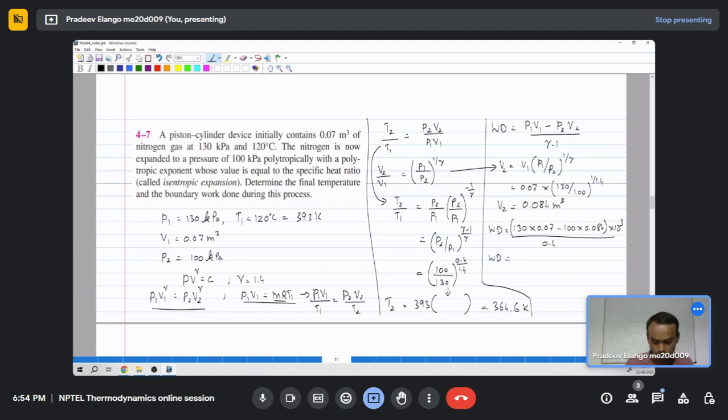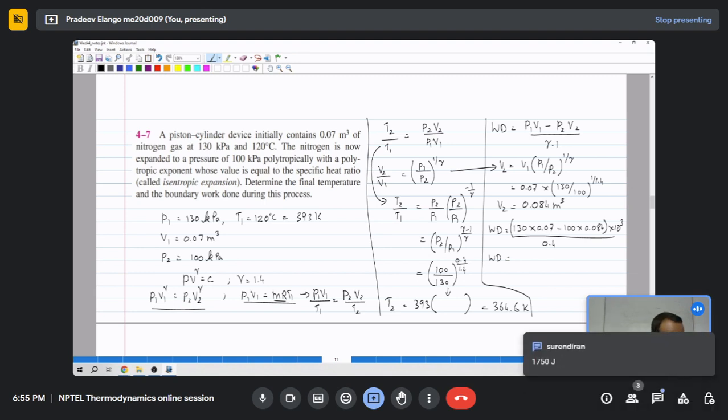So we can calculate the work. Yes, 1750 joules.